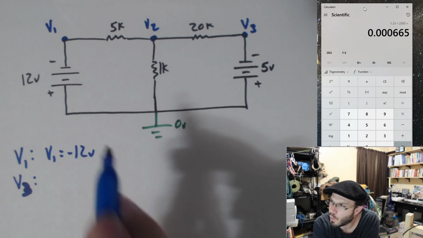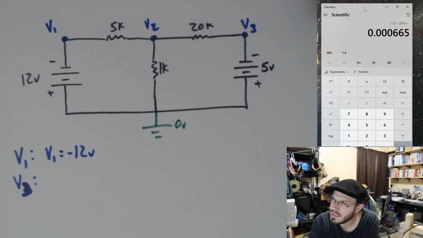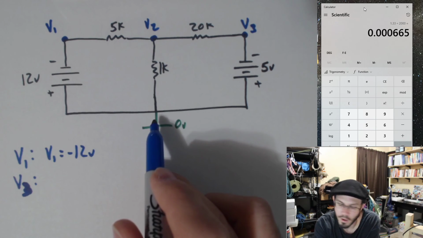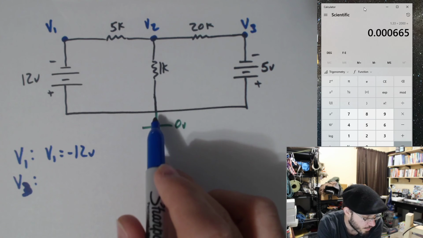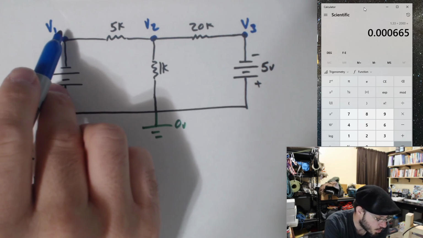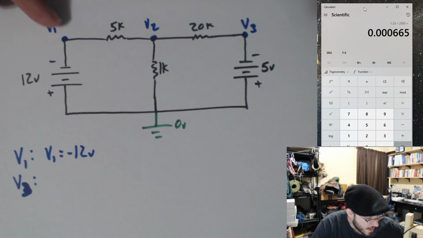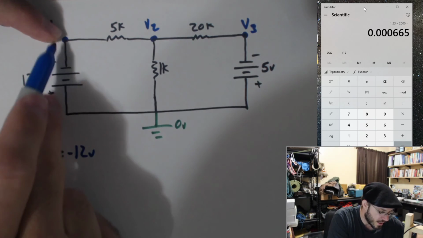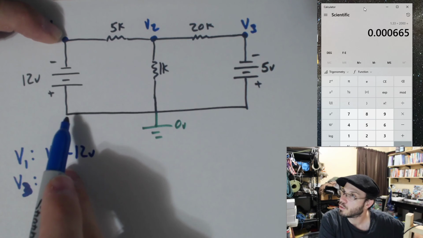Okay, so one thing to note, voltage is always relative compared to everything else in the circuit, and especially wherever I call to be 0 volts. If I call this to be 0 volts, then this is minus 12. If I called this point to be 0 volts, then this would be 12 volts higher than 0, so this would be 12 volts.